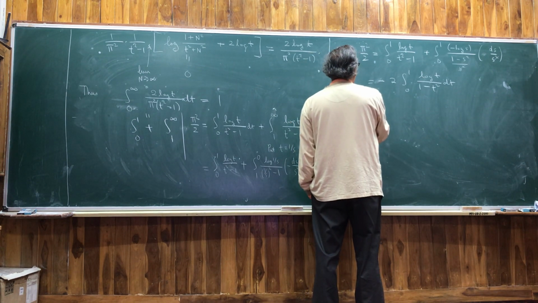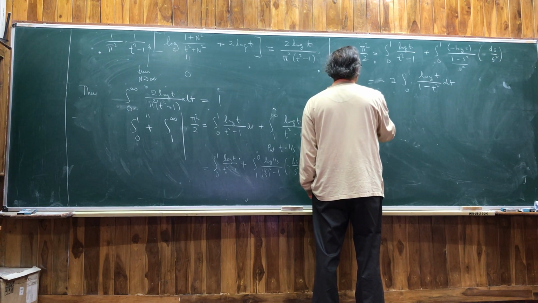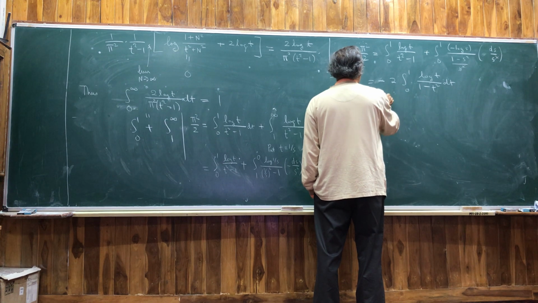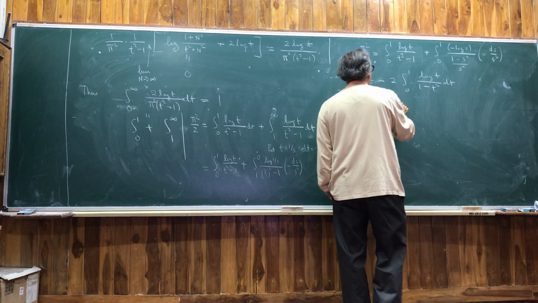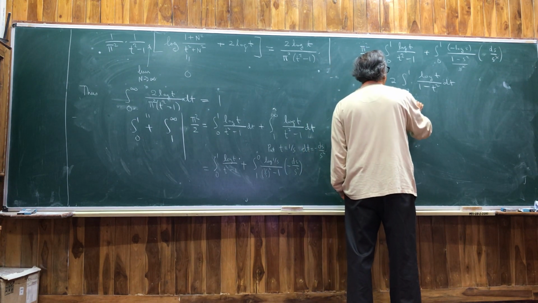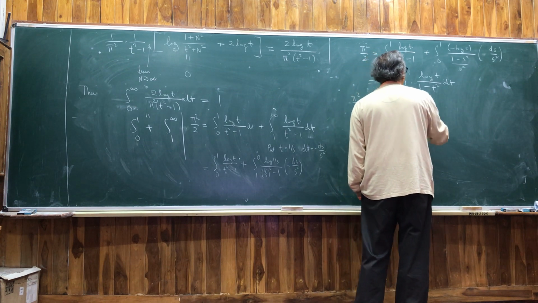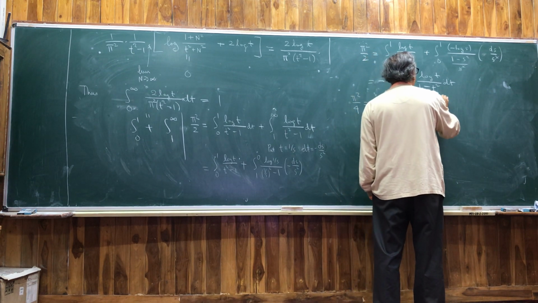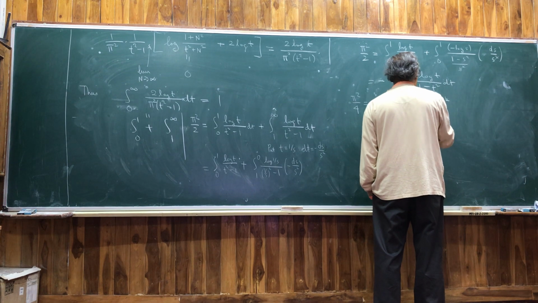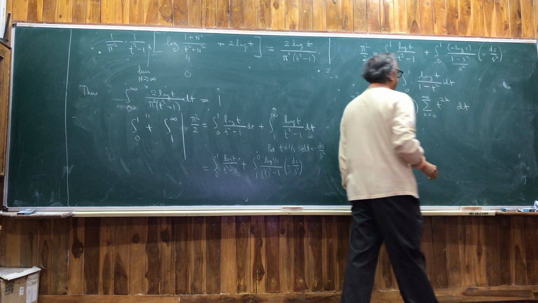So now what we have is pi squared over 4 equals minus the integral from 0 to 1 of log t, and then I use the geometric series, t to the 2k, k going from 0 to infinity, dt.